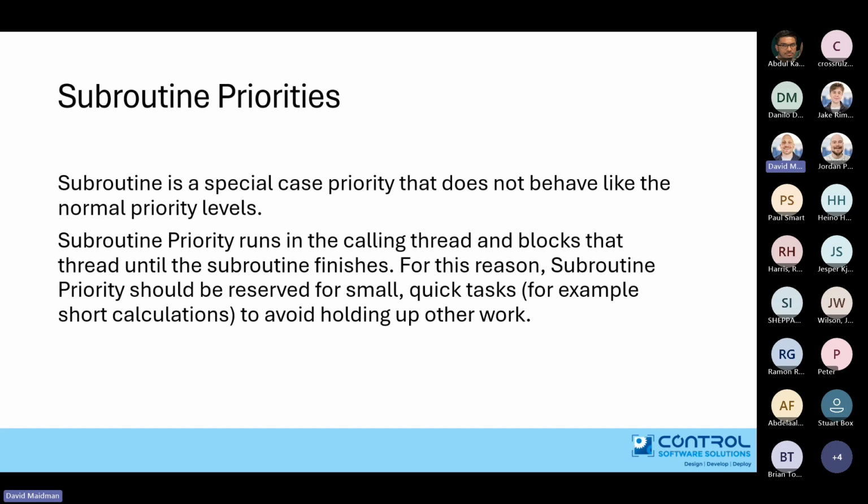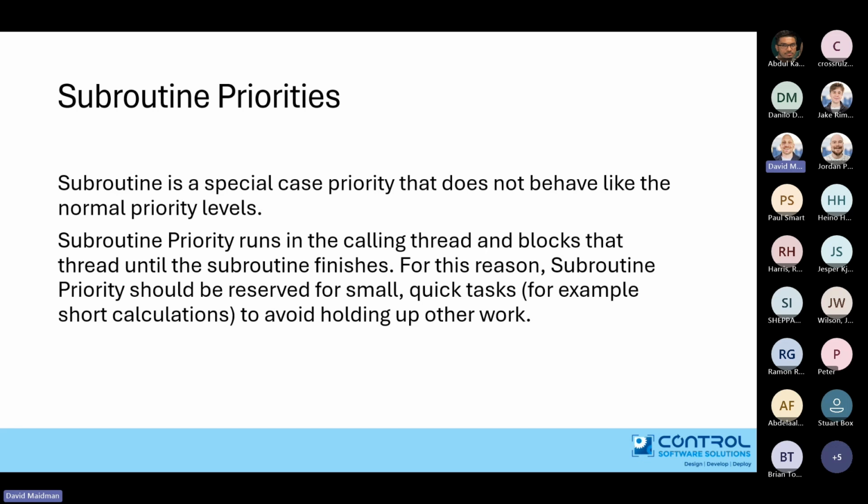I mentioned normal priorities. So there's 2 other priorities: we've got subroutine priorities and background priorities. Subroutines are a special case that doesn't behave like the other priority levels. That's because subroutines are always called within the calling thread.